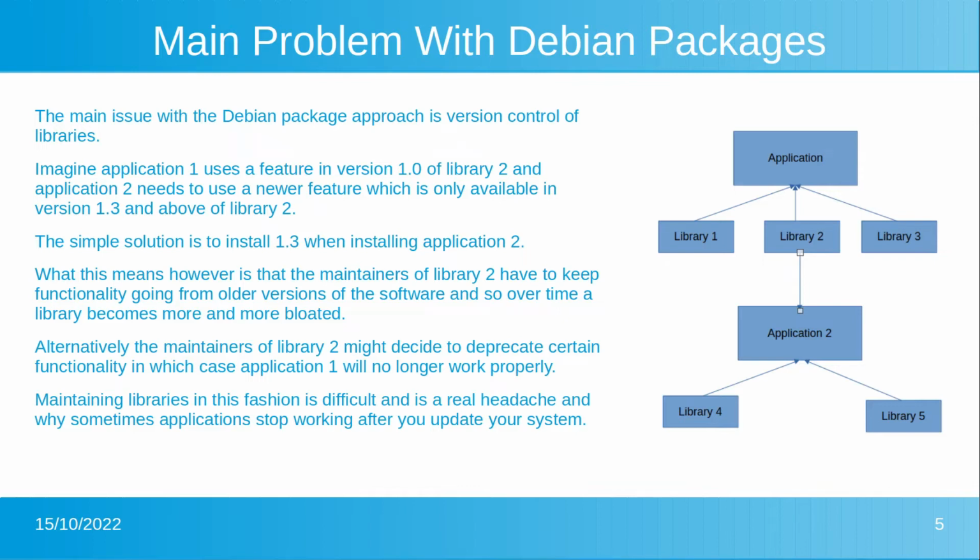Using Flash as an example, do the maintainers of library 2 want to maintain those features going forward? Probably not. What you end up with is a library that's 90% unused code and 10% used code, yet library 2 has to continue to maintain that code. And actually, the disk space you were saving is no longer being saved because you've got all that bloat inside massive libraries that you aren't using most of the features for.